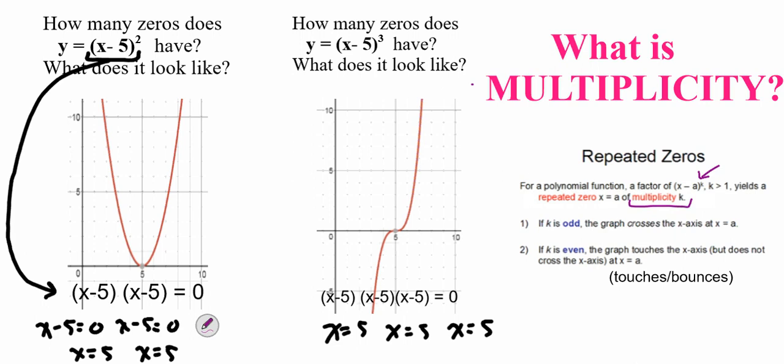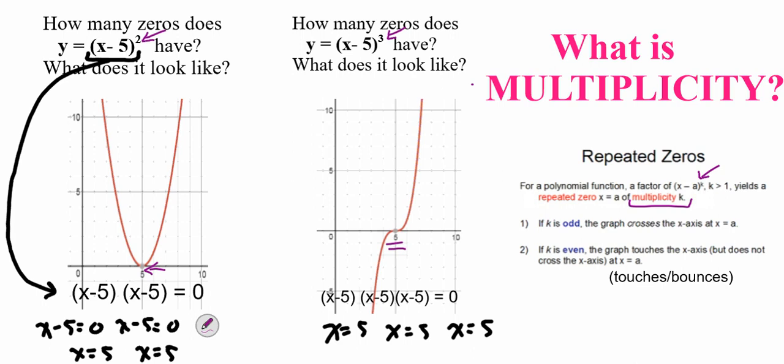So if you have a binomial squared or a binomial cubed, or when you took your polynomial and factored, one of your factors is squared or cubed, then you know you have a repeated 0 at that x with the multiplicity of whatever your exponent is. So we'd say we have a repeated 0 at x equals 5 with a multiplicity of 2. Here we would say we have a repeated 0 at x equals 5 with the multiplicity of 3. All right, this matters when we look at some of the really important theorems for polynomials.